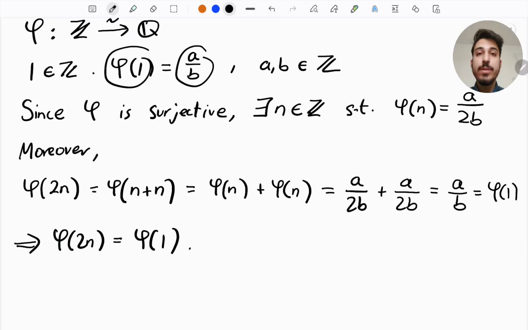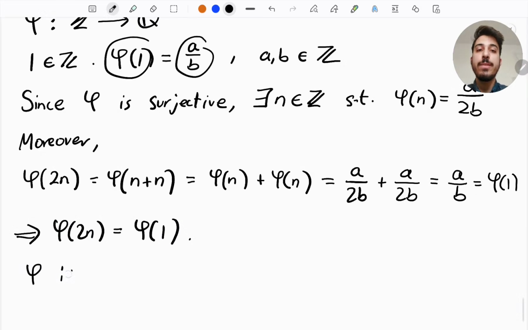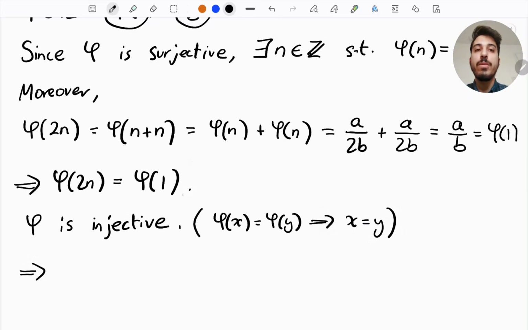Now, because phi is an isomorphism, phi is injective. We're really using all the properties here. We use surjectivity, we use homomorphism, and now we're using the fact that it's injective. What does that mean in general? If phi of x is equal to phi of y, that means x is necessarily equal to y. So because phi of 2n is equal to phi of 1, 2n is equal to 1.